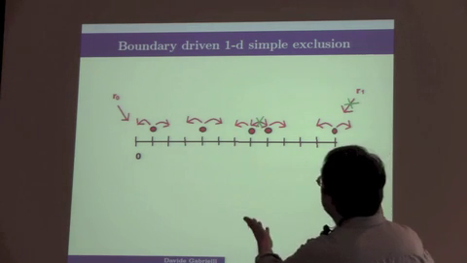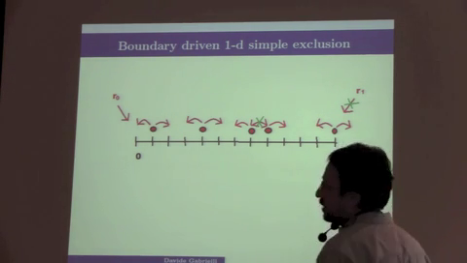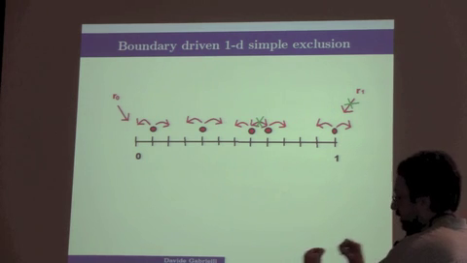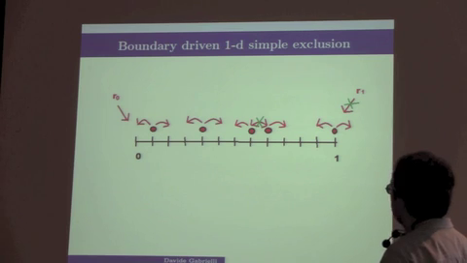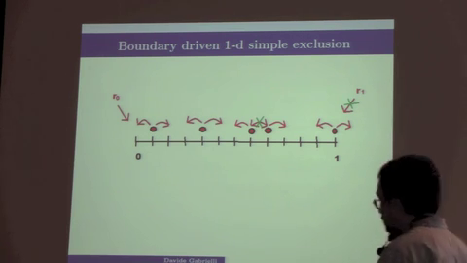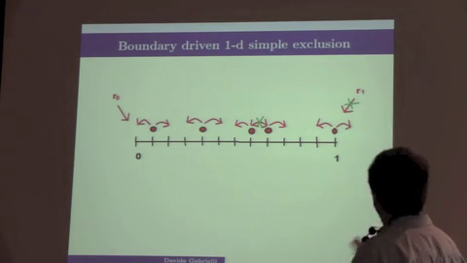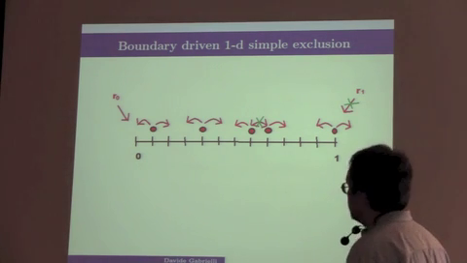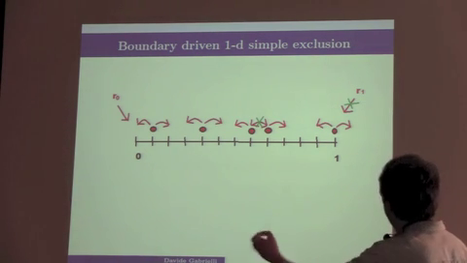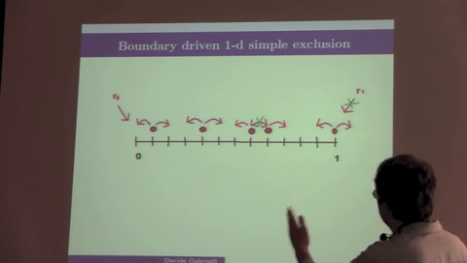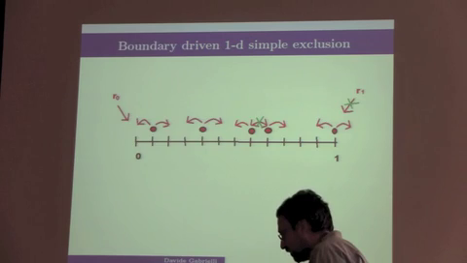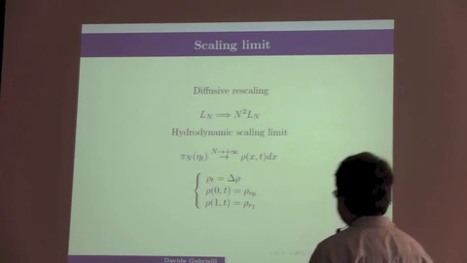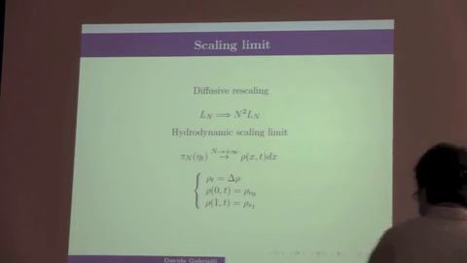If the rates R0 and R1 are different, this one-dimensional object is put in contact with two reservoirs at two different temperatures. So when R0 is different from R1, the model is a non-equilibrium model. When R0 is equal to R1, I put it in contact with two sources at the same temperature, and then the model is an equilibrium, reversible model.